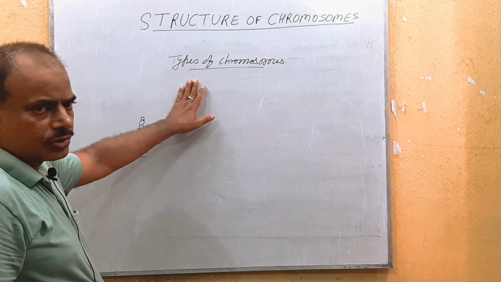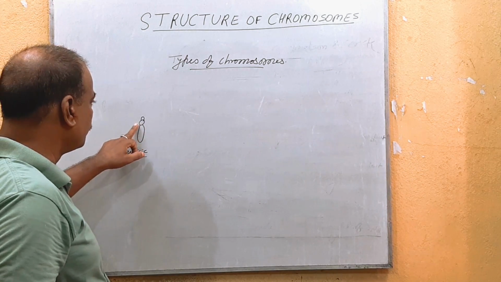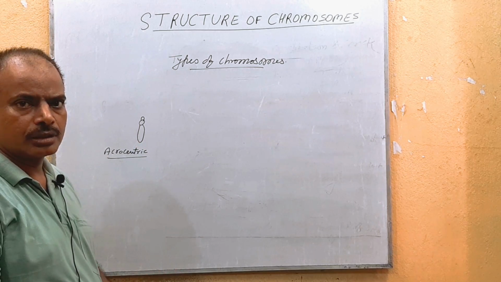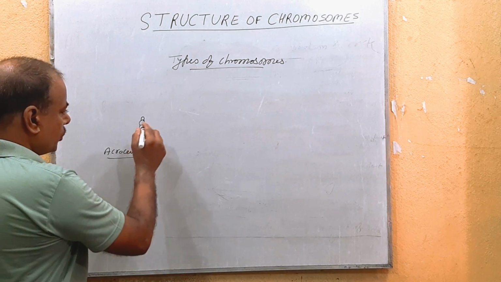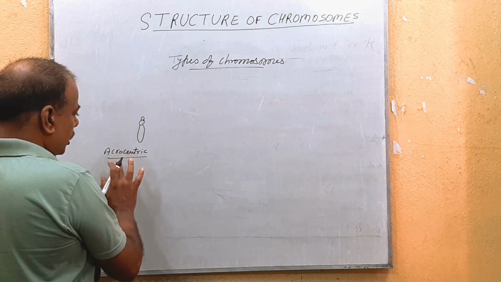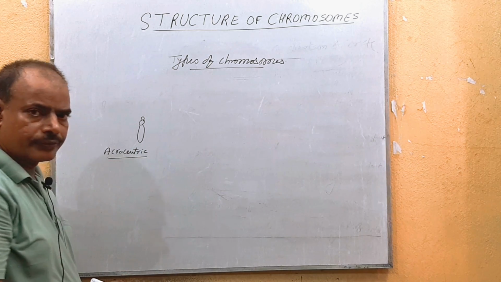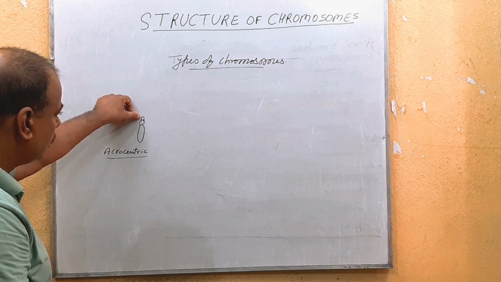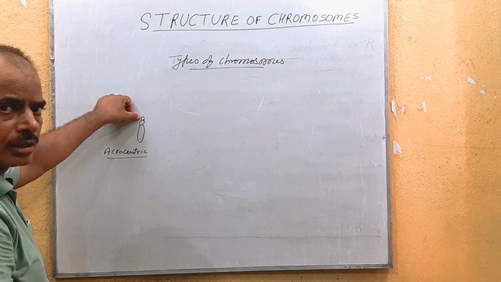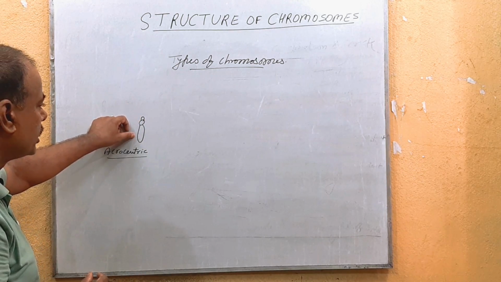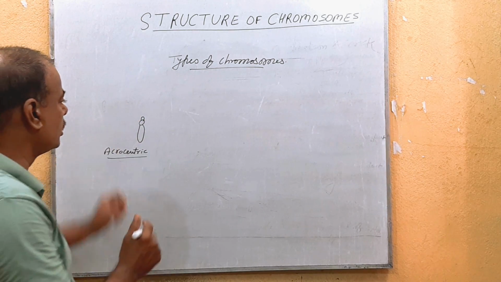These types of chromosomes are based on the position of the centromere in the chromosome. You can see here in this acrocentric chromosome, one chromatid is very small, whereas the other one is very large.